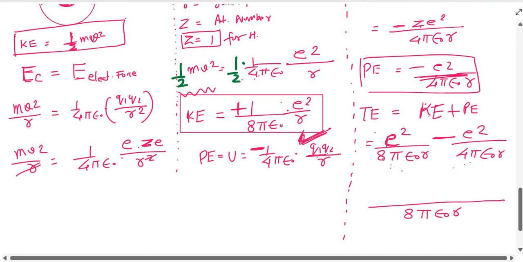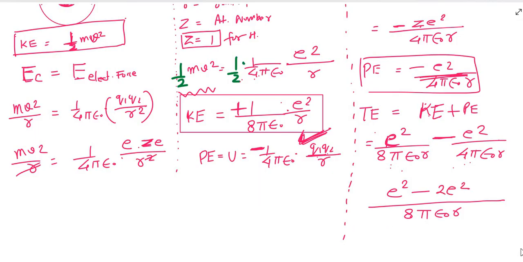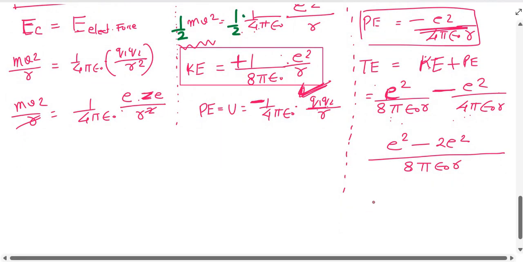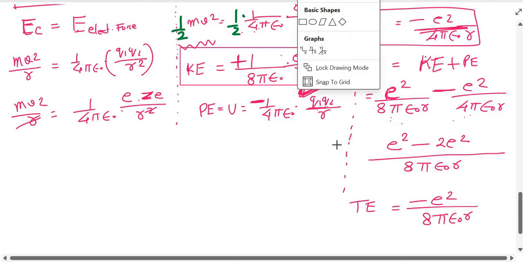Correct? So what will happen? This will be E square minus, 4 twos are 8, minus 2E square. Perfect. So what is the total energy we are getting? E square minus 2E square is minus E square by 8 pi epsilon naught r.